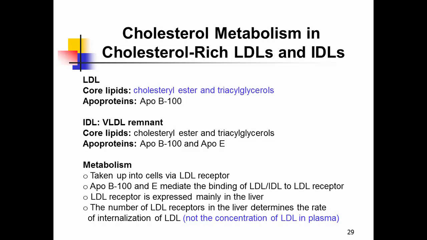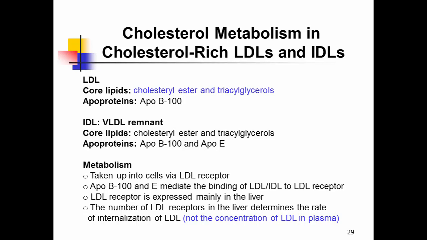So in terms of function or metabolism, the main purpose of LDL is to deposit the cholesterol into the peripheral tissue.